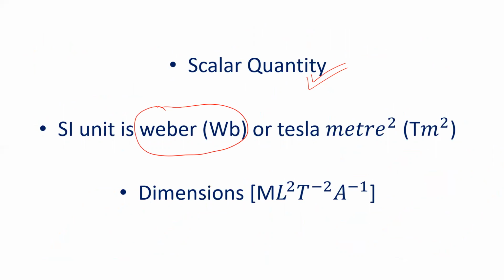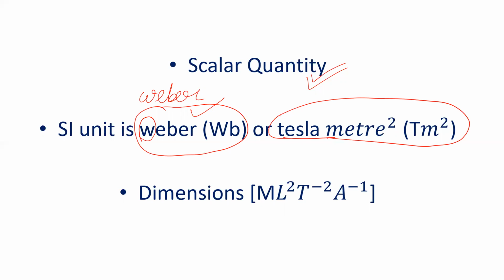Note that I have written weber with a small w, not a capital one, because that is a convention in physics: whenever we define a unit in the name of a scientist, it is written with a small letter. Weber was a scientist. So its SI unit is weber, or in other words, we can say Tesla meter square. Why Tesla meter square, I'll be explaining to you.